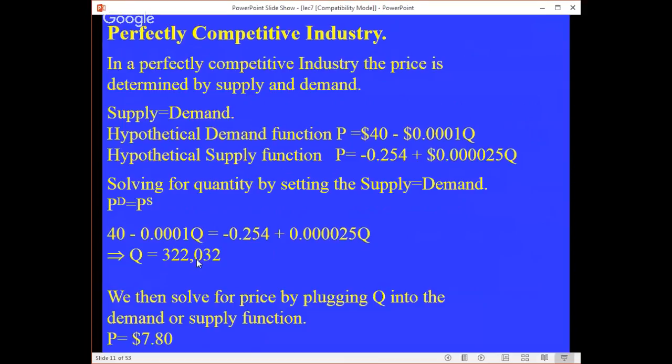And I solve for Q and I get 322,032. Once I do that, all I have to do is plug this number into either my hypothetical supply curve or my hypothetical demand curve, and I get a price of 780. Questions?